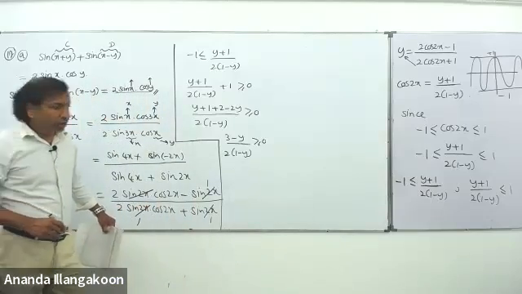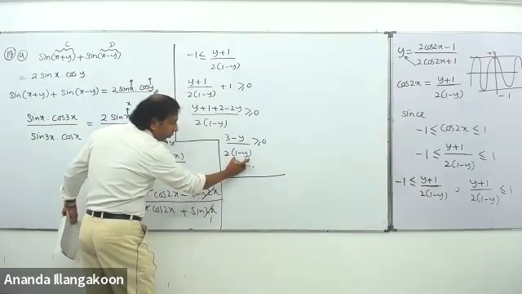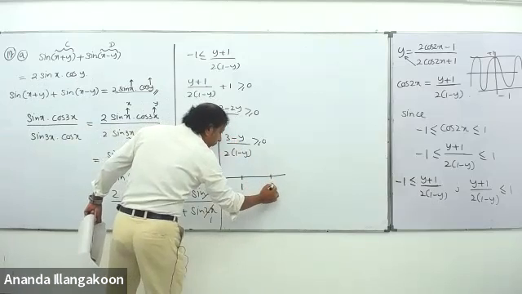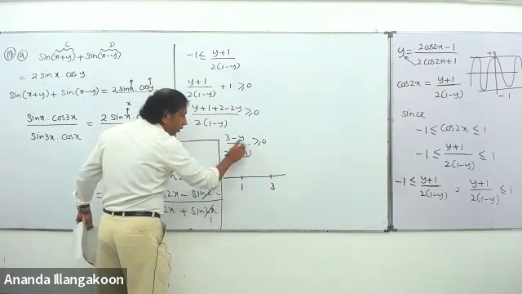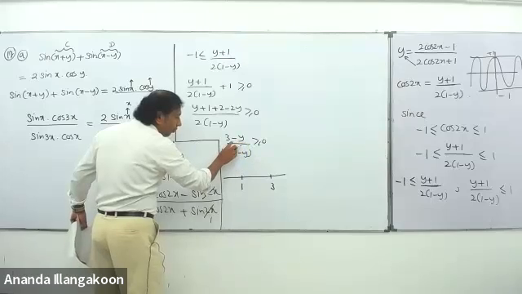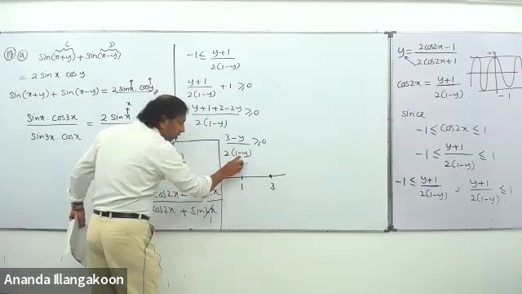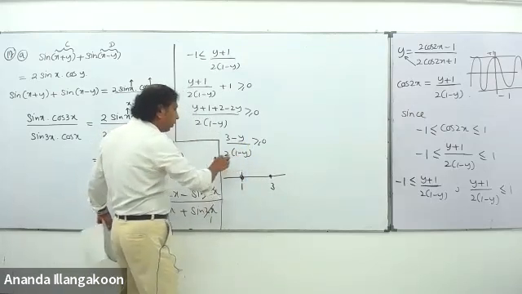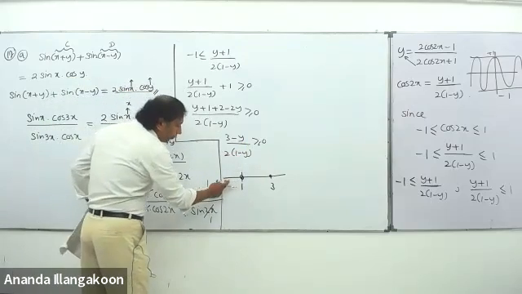Now this is a simple inequality. How to find that? Numerator equal to 0, y equals 3. Denominator equal to 0, y equals 1. Here we have the equal sign, so the numerator's y equals 3 we take, circle and color here. Y equals 1 is coming from the denominator, that we never take. Now 0 is in this interval.